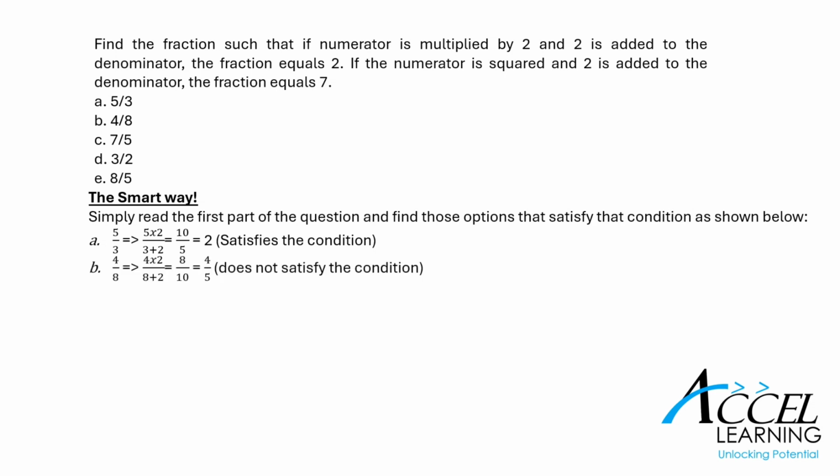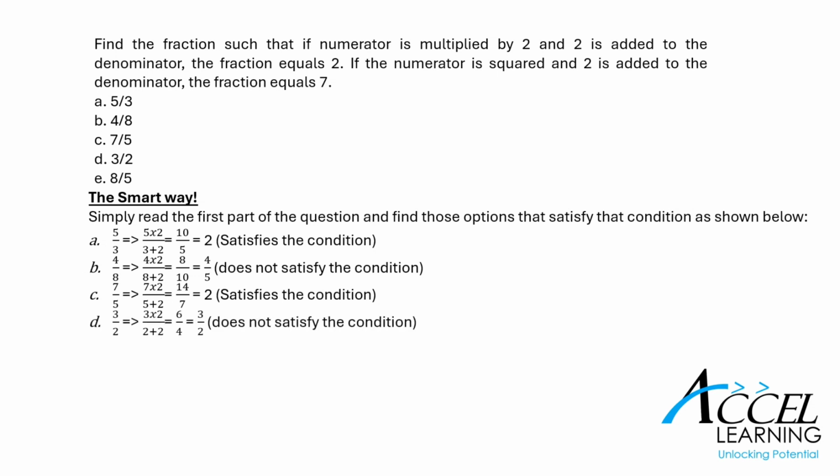B. 4/8 becomes 4 times 2 over 8 plus 2 equals 8 over 10 equals 4/5, which does not satisfy the first condition. C. 7/5 becomes 7 times 2 over 5 plus 2 equals 14 over 7, which is equal to 2, which satisfies the first condition.